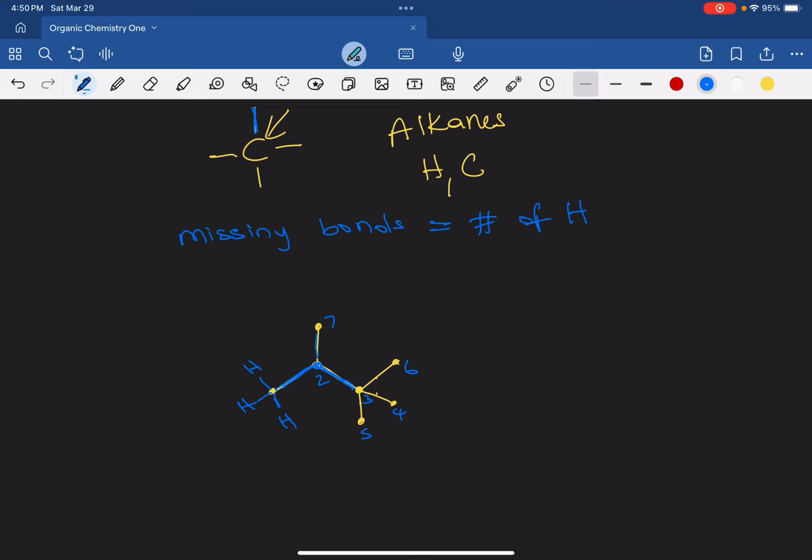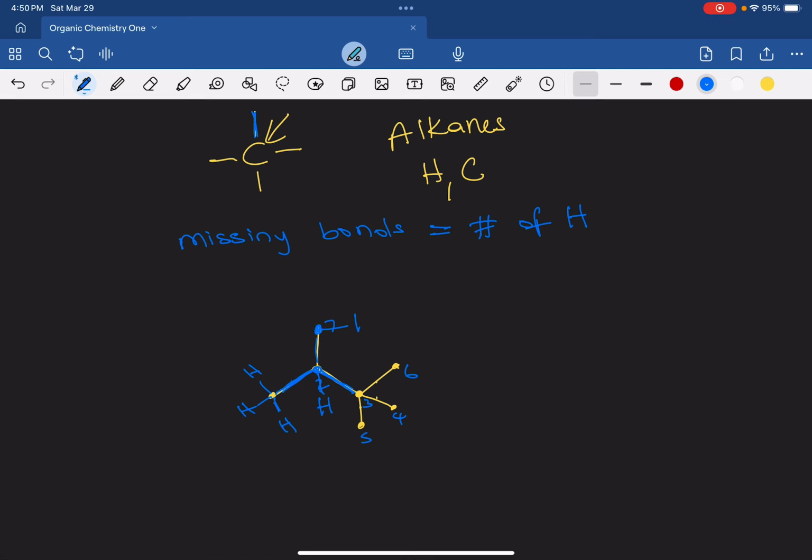You still have to count this one because it is on it. So only one hydrogen is missing right here. Let us go to carbon number 7. I only see one bond to 7, which means three bonds are missing, so I have three hydrogens on carbon number 7.